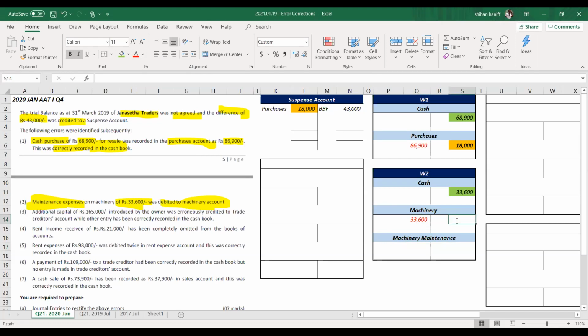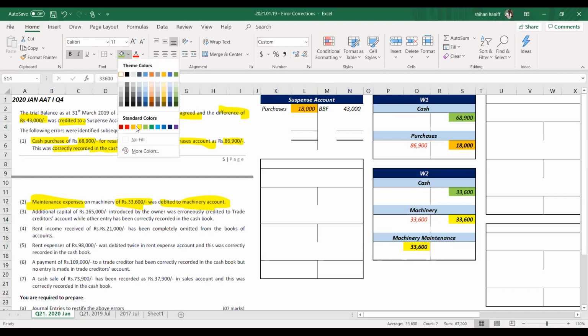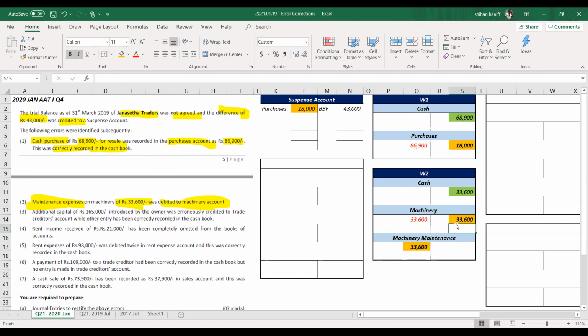Machinery account should be credited 33,600. Machinery maintenance account debited 33,600. So that's the correction entry. Machinery account credit, machinery maintenance account debit.